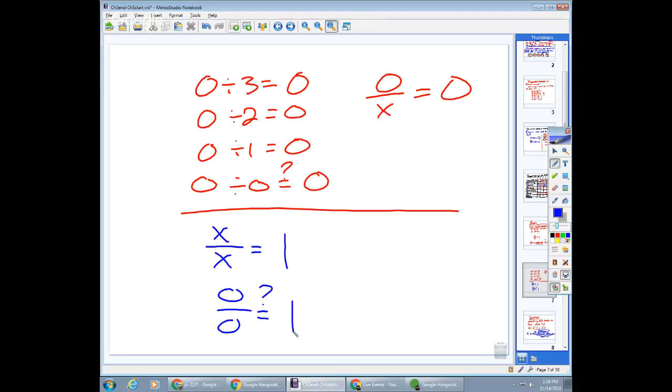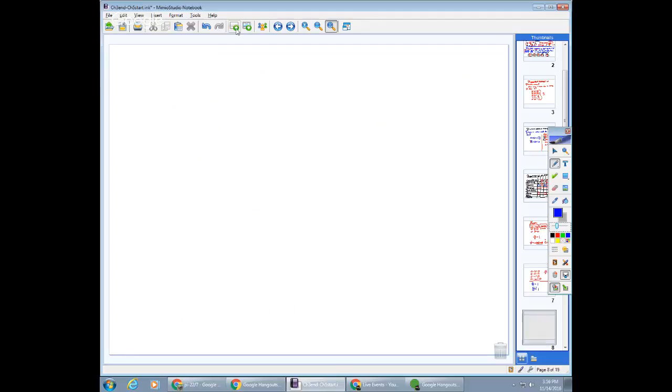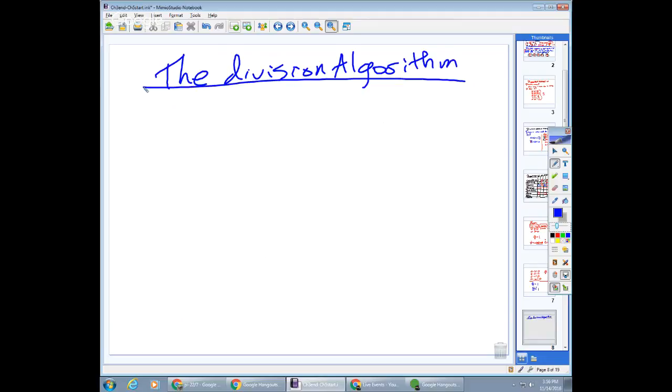Well, does anybody remember what the division algorithm is? Sometimes it's called the definition of division. What does A divided by B mean by definition?